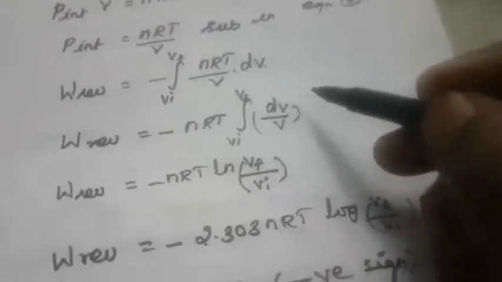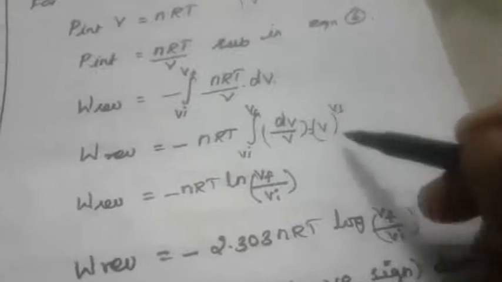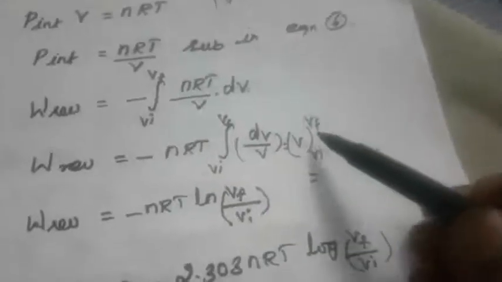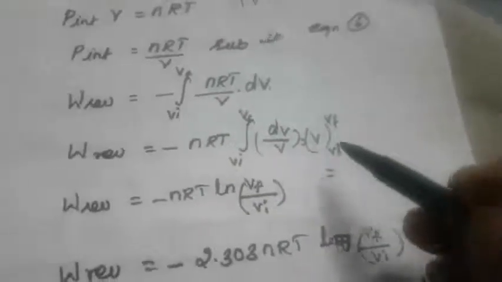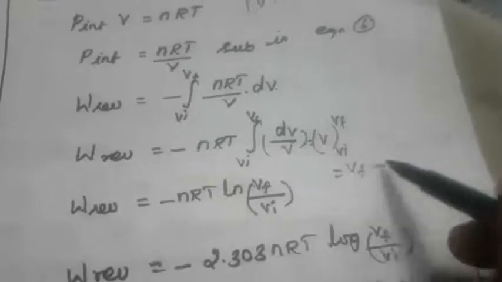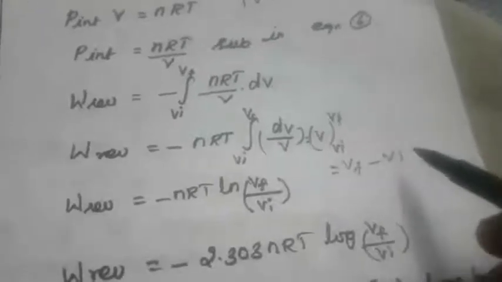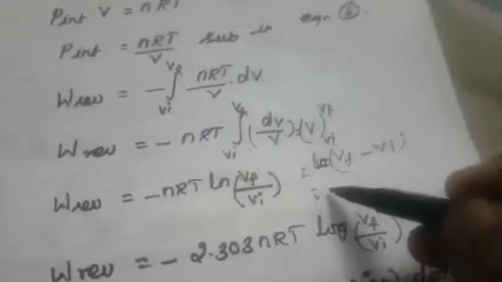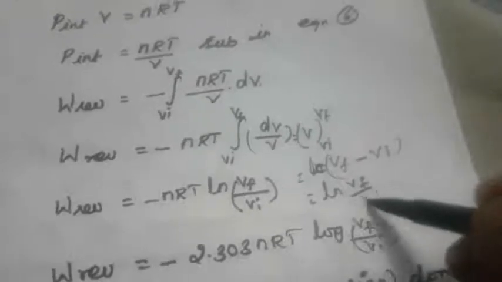The integral of dV by V is equal to ln V, evaluated from VI to VF. So how to calculate VF minus VI? This can be written as ln VF by VI.